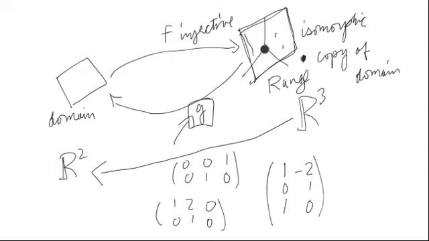If we get to the exact same point that we started with, we're in the range. If we get to a different point, that's because we were outside of the range, because we can't get back out here if we run back this way to the domain and then by isomorphism back to the range. So this is a sure way to tell whether we're in the range or not.